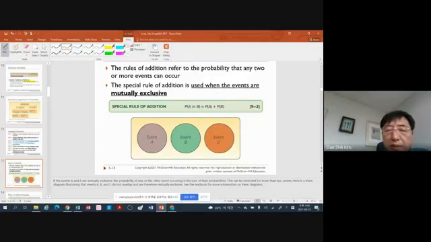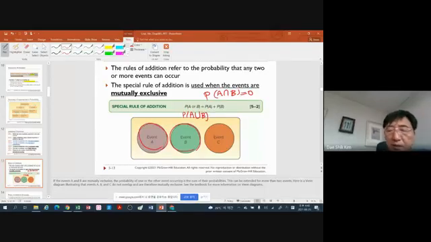mutually exclusive means P(A and B) is zero. So P(A or B) equals P(A) plus P(B).